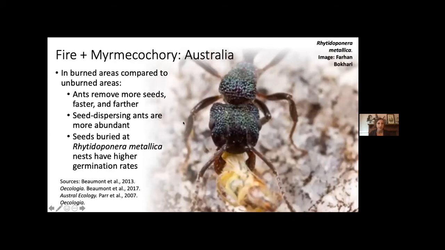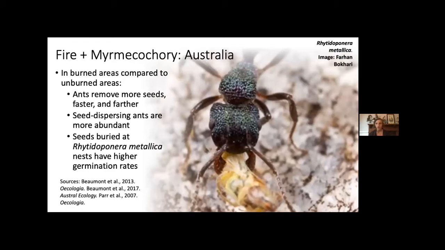In burned areas, they're seeing ants moving the seeds more often, quicker, and farther distances. Part of that seems to be because there are just more of the ants that disperse the seeds, like this here. But there also seems to be an effect of what fire is doing to the landscape.